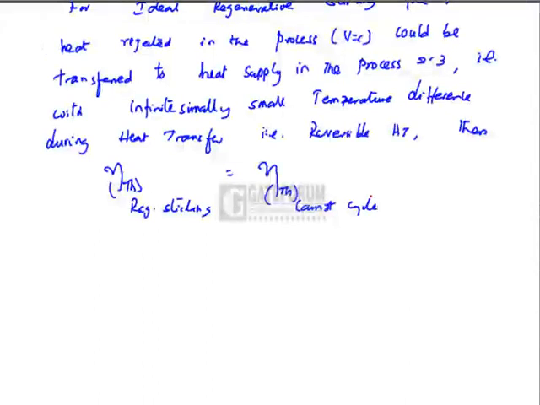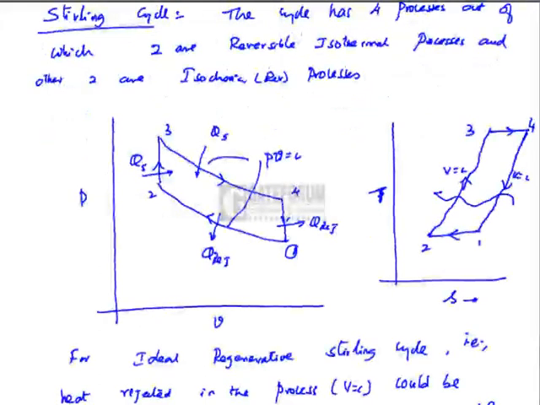So the important point to be remembered is, if there is regeneration, as I have shown in the arrow in the TS diagram, the heat rejected in the 4 to 1 process in the constant volume, if it could be transferred to the process 2 to 3 in the constant volume process, with no entropy generated in the universe, such heat transfer can be called a reversible heat transfer.